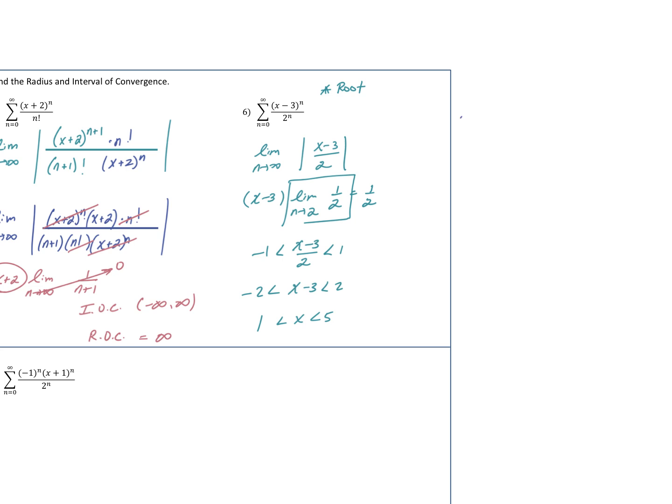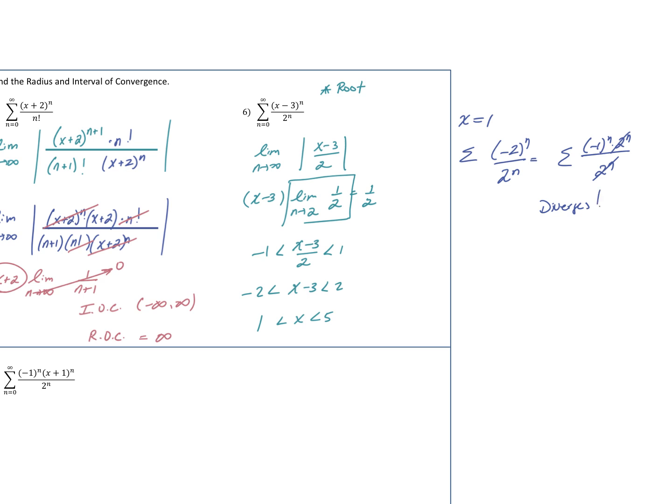If we let x equal 1, you end up with -2 to the nth over 2 to the nth. This just ends up giving us -1 to the nth, 2 to the nth, 2 to the nth, like that. So we get -1 to the nth power, that diverges.